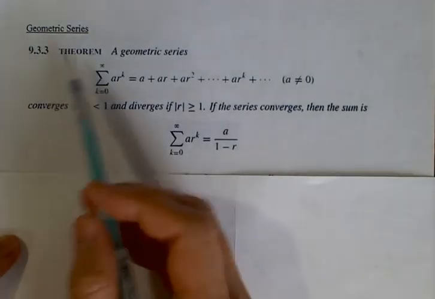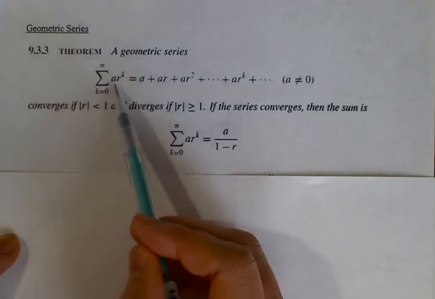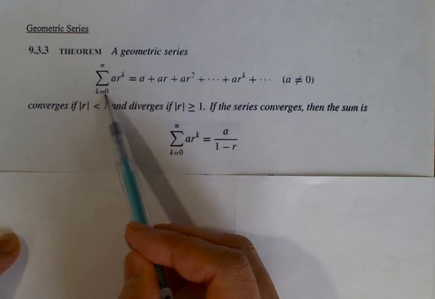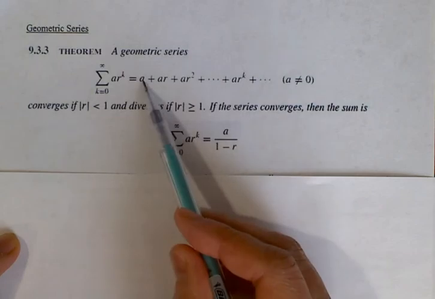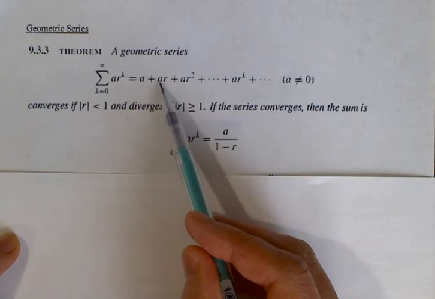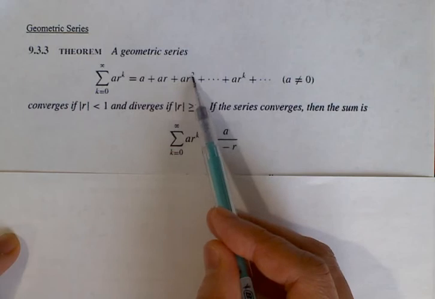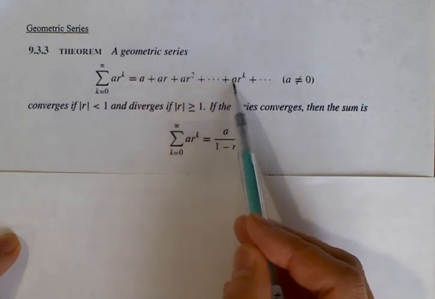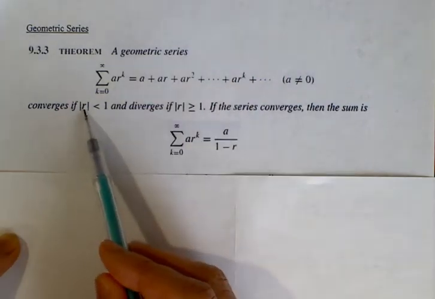Okay, so on page 9, we're going to define a geometric series. It's a geometric series if you have a term a, and the kth term is a r to the k, starting from k equals 0 out to infinity. So you're starting with a, that's the first term, plus the second term, which is ar, plus the third term, ar squared, plus, and then you go to the kth term, which is ar to the k.